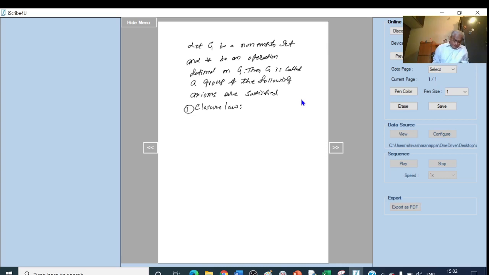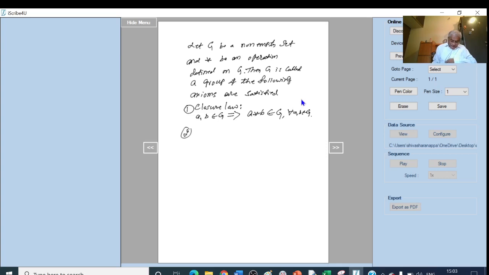Closure law is: if A and B are any two elements belonging to G, then this must imply A star B also belongs to G. This is true for all A, B belonging to G. If A and B are any two elements of G, then A star B must be an element of G. Then we say that closure law is satisfied, or that G is closed with respect to the operation star. This is the first axiom.